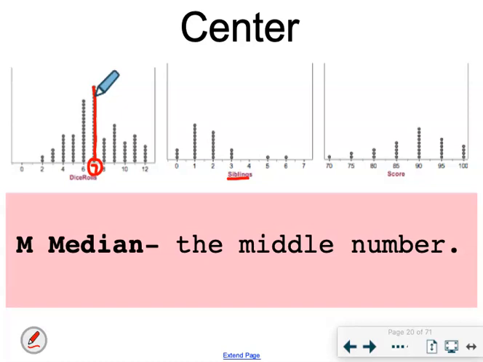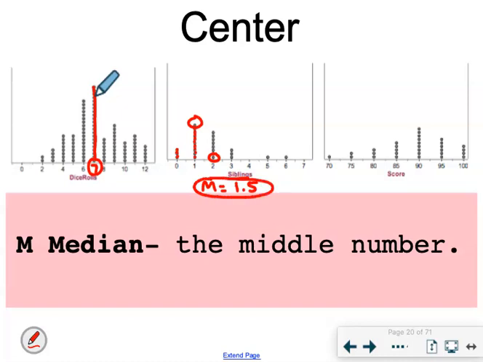So if you find the 13th and 14th dot, you can find what the middle is. So this is the first dot, 1, 2, 3, 4, 5, 6, 7, 8, 9, 10, 11, 12. Here's the 13th dot. Here would be the 14th dot. So we would be halfway in between those two. So this one would have a median of halfway between 1 and 2, which is 1.5.